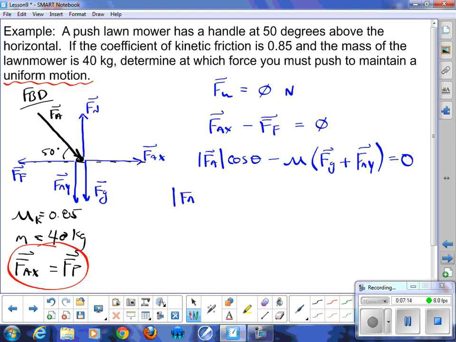I don't know FA, so it's going to stay FA. I know the angle is cos 50, so I can substitute that. I know this has to be 0.85. That was given. Force due to gravity we can calculate. That is 40 times 10 plus FAY. Well, that's the magnitude of your applied force, which we don't know, sine 50. And that's equal to 0.